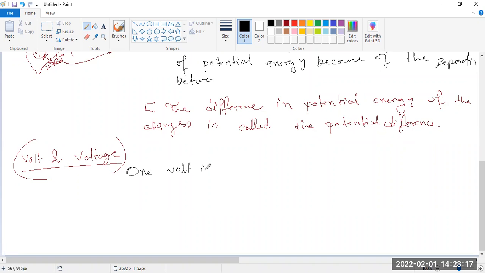One volt is the potential difference between 2 points.